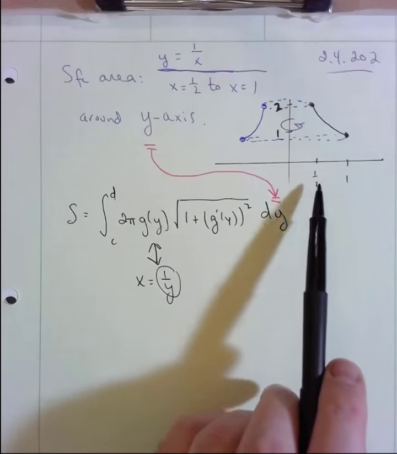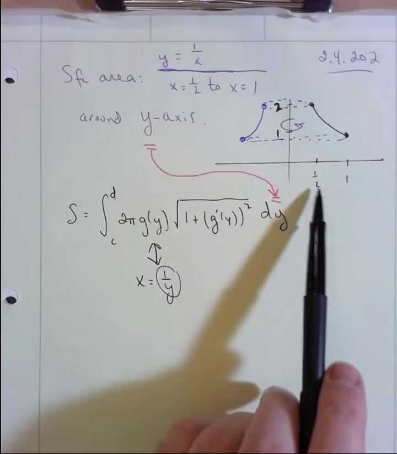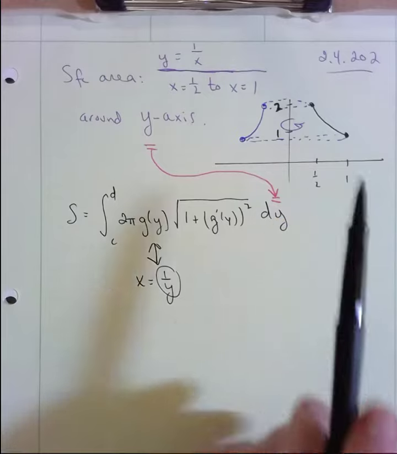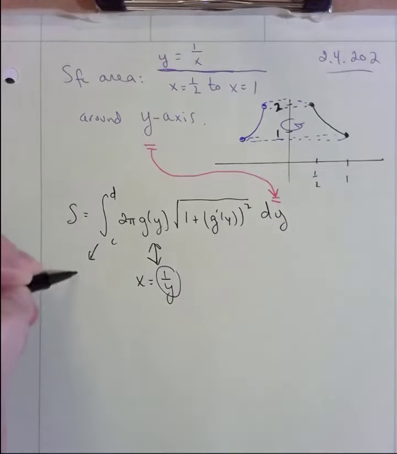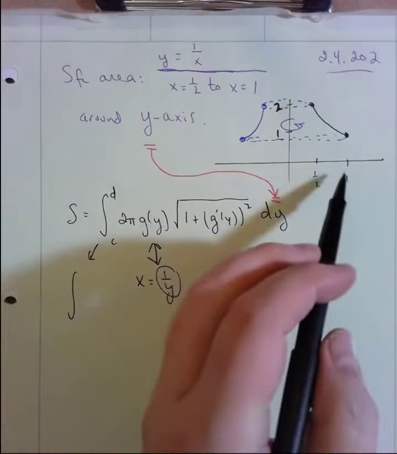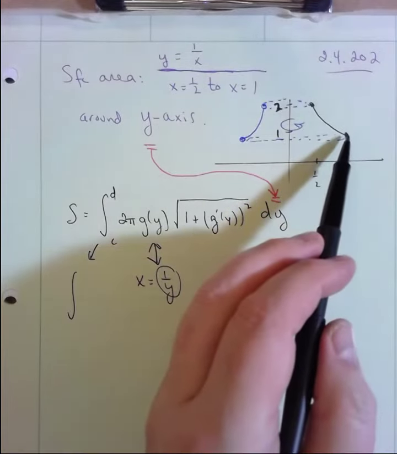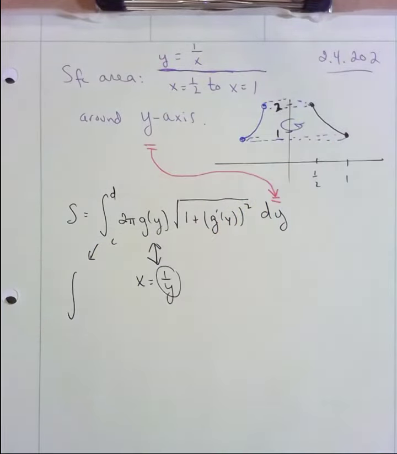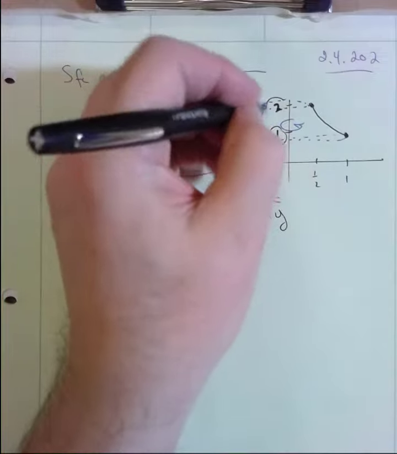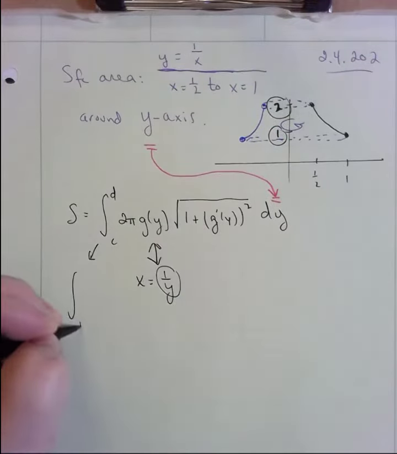If the function is y equals 1 over x, then when x is 1/2, y is 1 over that, which is 2. And the endpoint x equals 1 corresponds to y equals 1. So the endpoints on y are 1 and 2, like so.